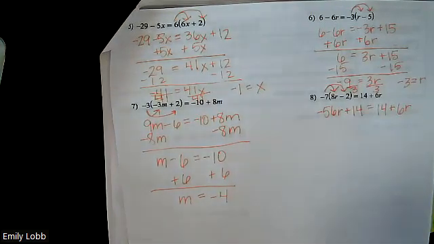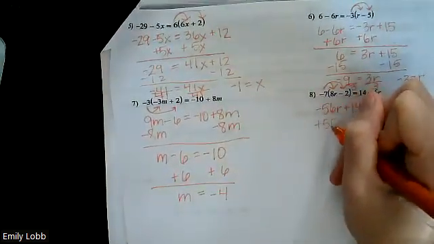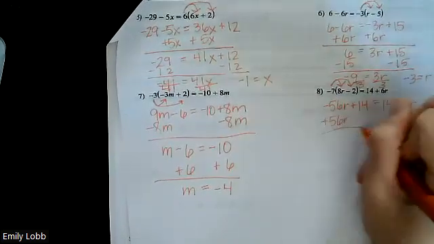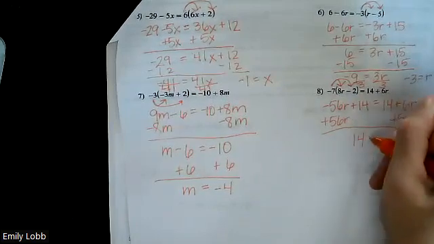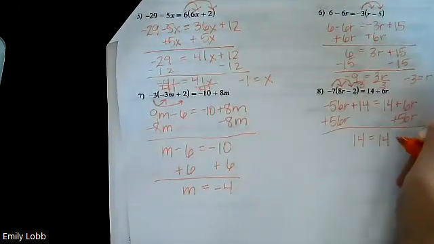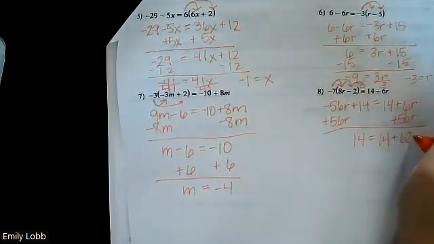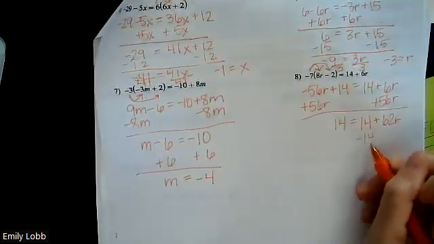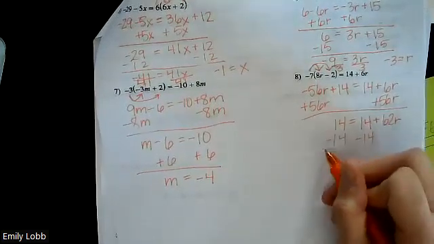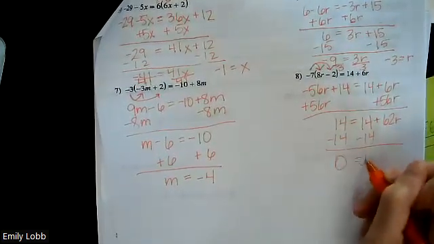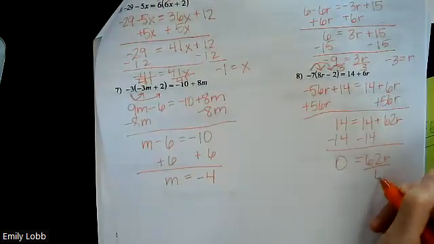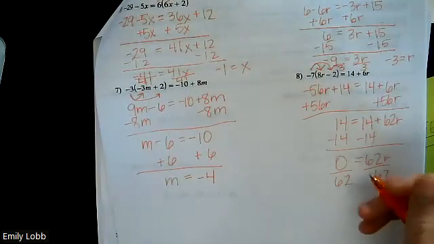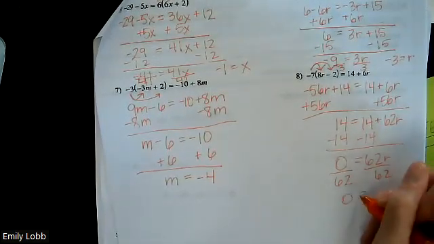So now, if I add 56r to both sides, I end up with 14 is equal to 14 plus 62r, but this coefficient doesn't really matter because when we get rid of the constant, we're left with 0 is equal to 62r. So r is going to have to equal 0, right? 0 divided by anything is 0.